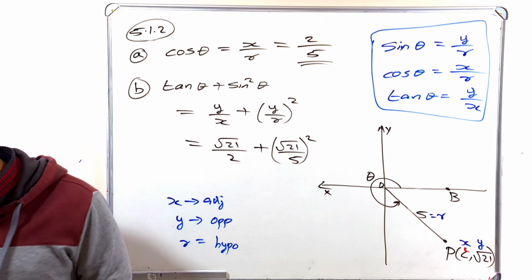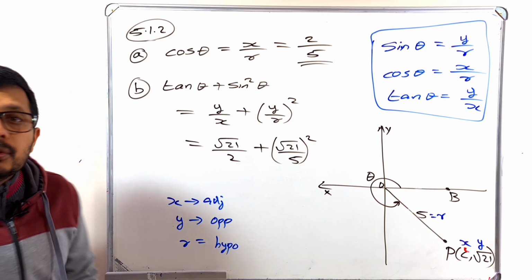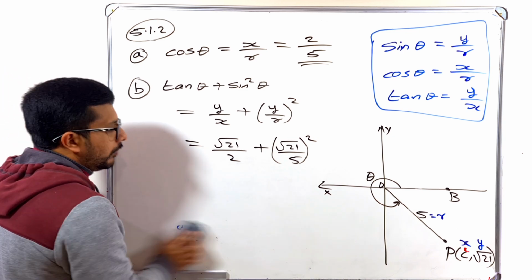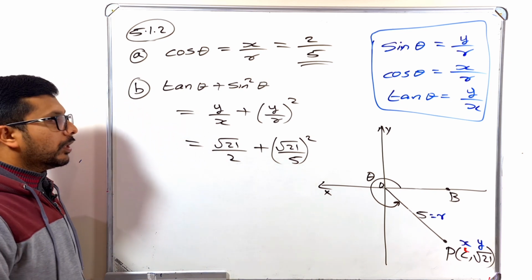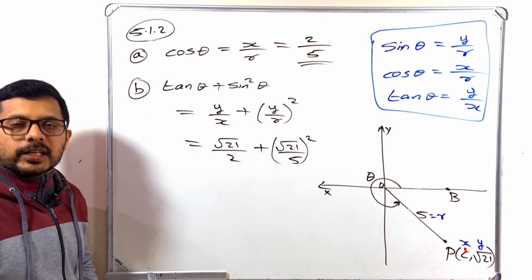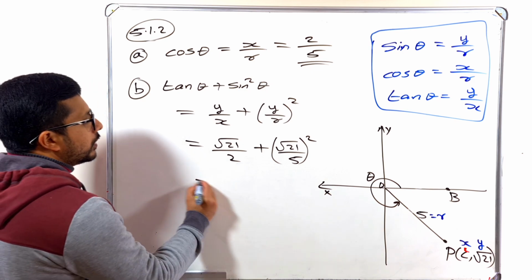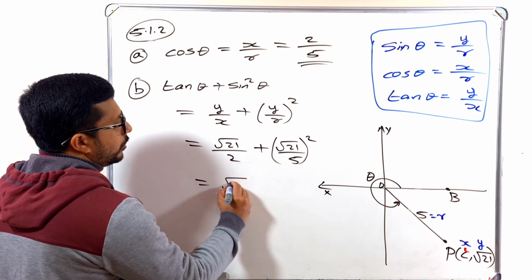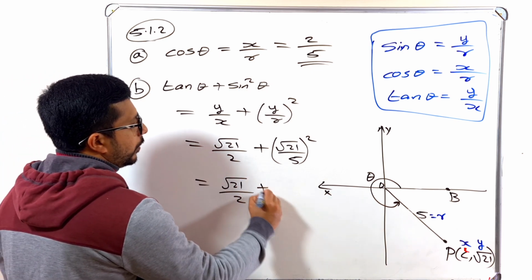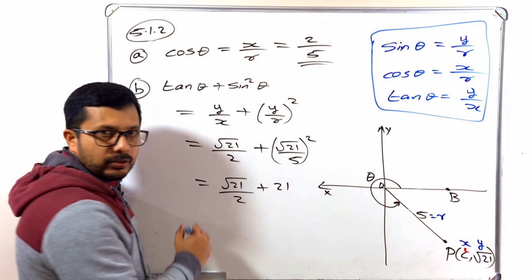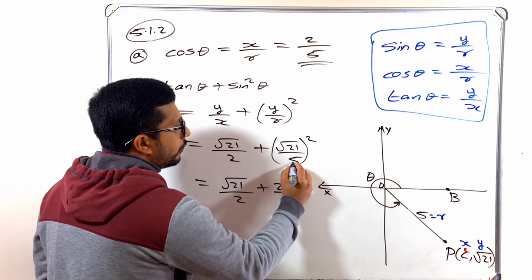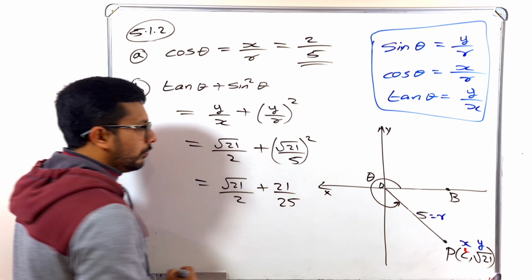Now just simplify as much as we can, because here we can't use the calculator. Without a calculator it's difficult to solve, but just try to do the maximum. So this is root 21 divided by 2 plus root 21 squared, that is 21, then 5 squared, that is 25.